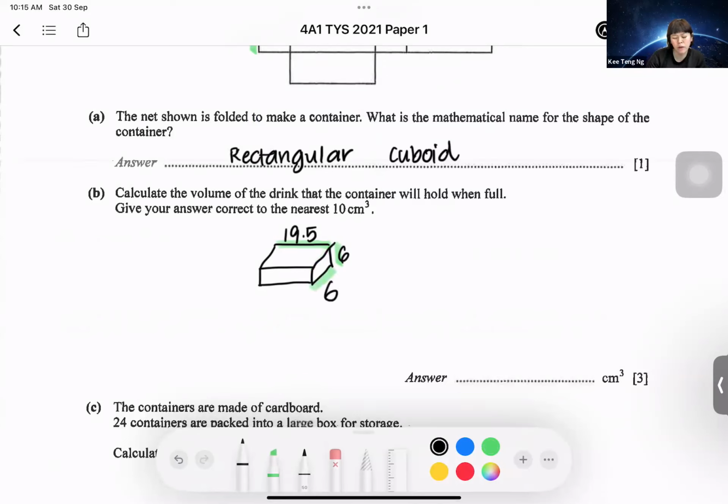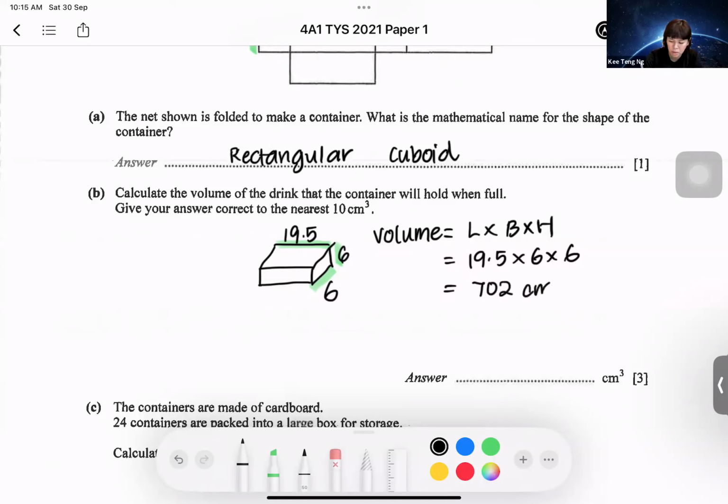Right, in order to find the volume, the volume equals length times breadth times height. So length is 19.5, breadth is 6, height is 6. I get 702 cm cube.